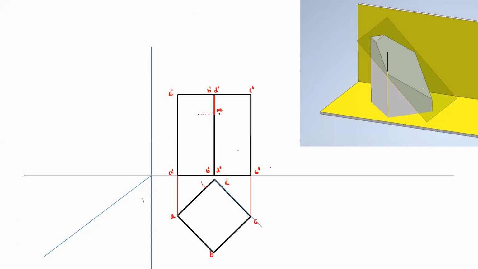You can draw one horizontal line just for reference, and by using the protractor, take a 40 degree angle with respect to this line. Then draw the inclined line that will represent the auxiliary inclined plane or the section plane. This angle with respect to the XY line, or the horizontal plane, is 40 degrees.